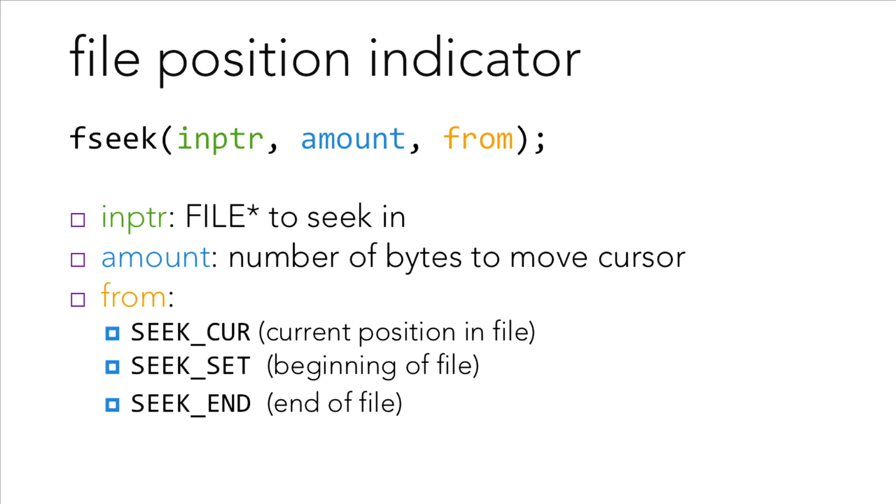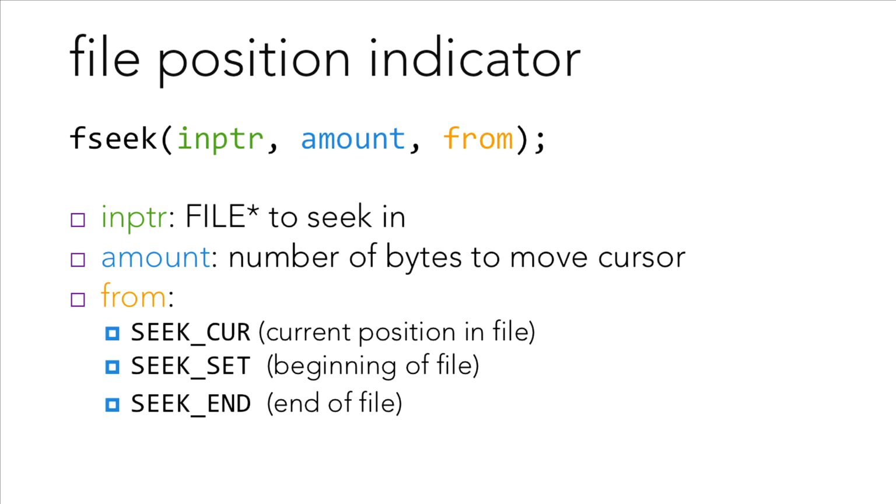So while we've been reading into our file, file I/O has kept track of our position in those files with something called the file position indicator. Think of it as a cursor. Basically, it advances every time that we fread, but we have control over it too. To move the file position indicator, you can use the function fseek, where the in pointer represents the file pointer that you're seeking in.